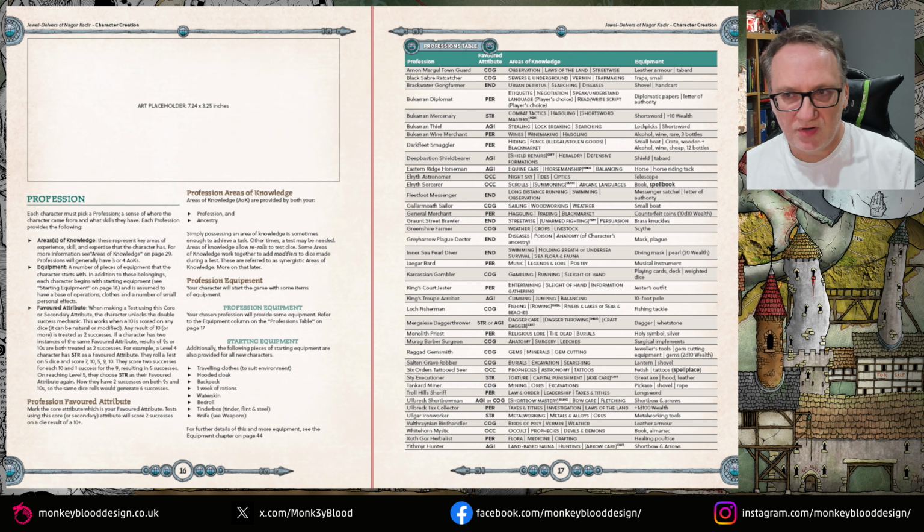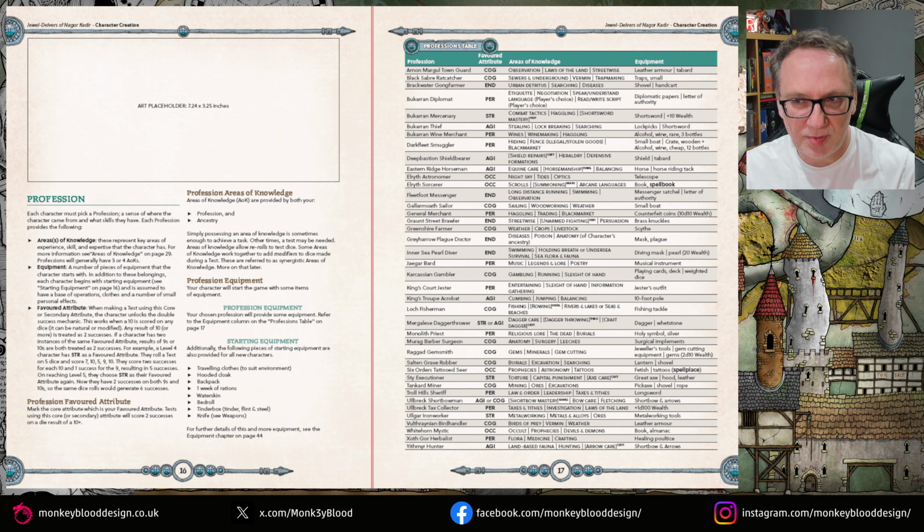So what's an area of knowledge? An area of knowledge is something that gives you a re-roll on a test. So let's say the Bakaran mercenary has the haggling area of knowledge, and you're haggling with the merchant, and the referee needs you to roll a test to see if you can haggle with him.